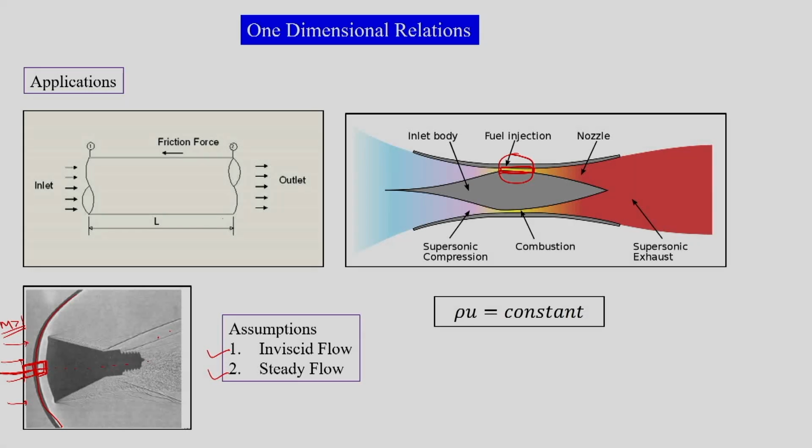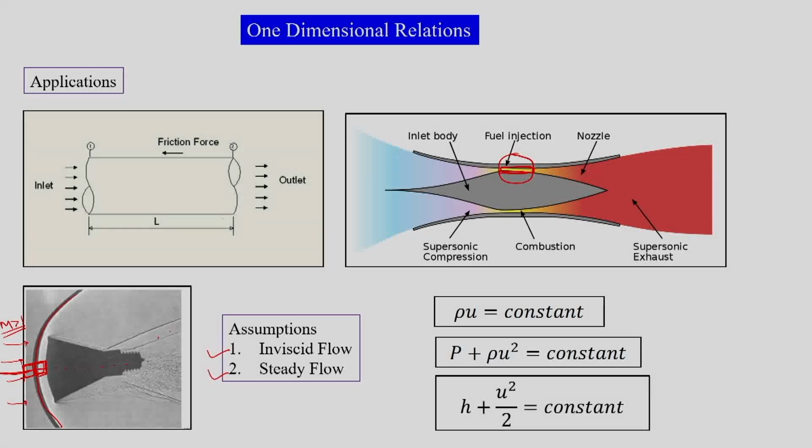The one dimensional inviscid steady state flow relations are particularly these three: the mass conservation equation, the momentum conservation equation, and the energy conservation equation.